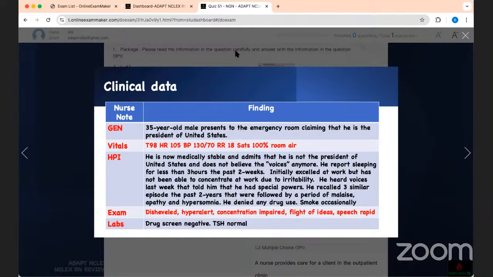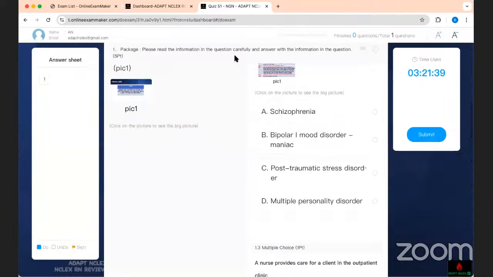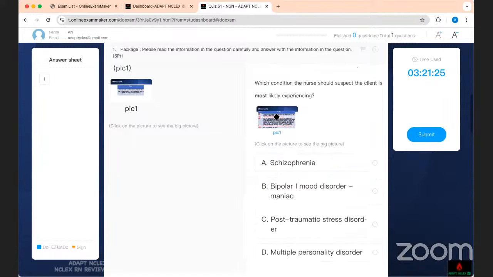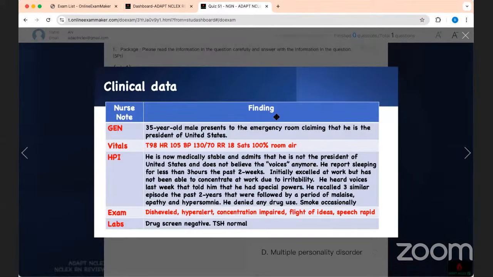These are the things I want you to do: don't focus on one word, or you go wrong. It's not personality disorder either, right? Multiple personality disorder, they have two people. They refer to another person as that. Therefore, that's your key. Once again, go for the buzzwords.